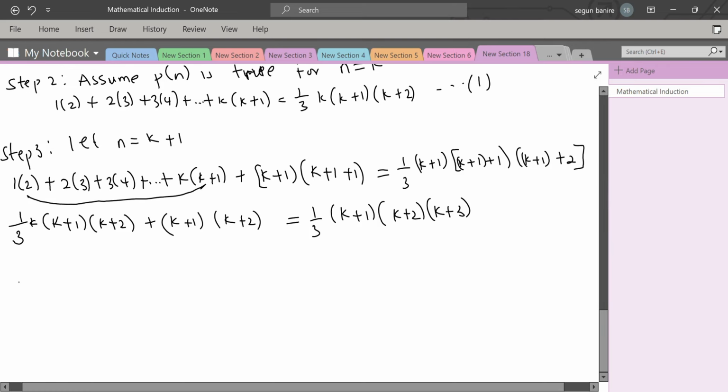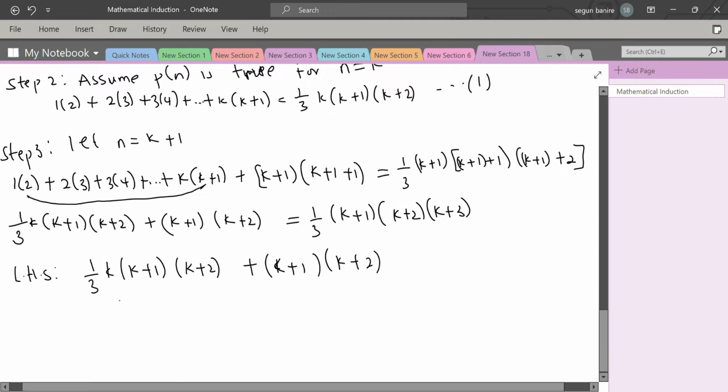So I think at this point we should write out the right hand side. Right hand side is 1 over 3k into k plus 1, then k plus 2, plus k plus 1 times k plus 2. So this is what we want to simplify to get this right hand side.